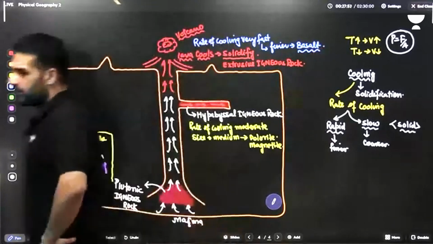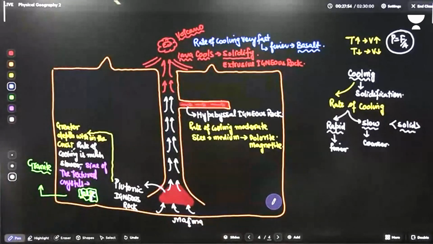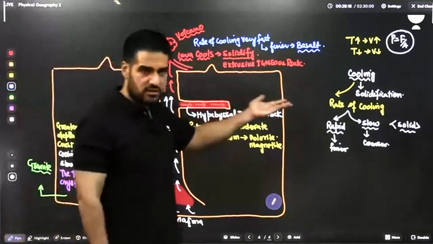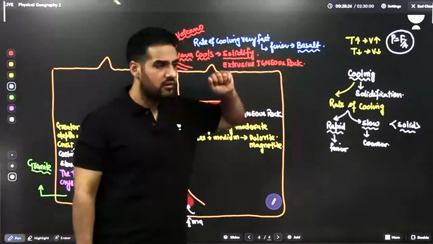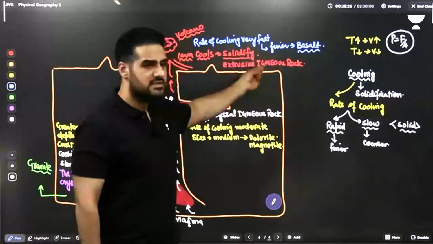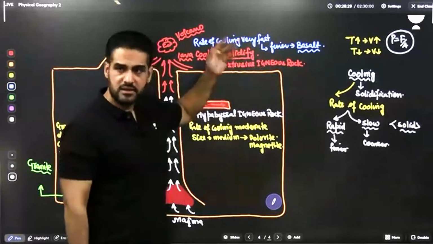Basalt. यहाँ देखो, कल मैंने कहा था the temperature of the freshly ejected lava, I will repeat it again, varies between कितना कहा था कल 500 degree to 1200 degree centigrade. So very hot. But what is the atmospheric temperature average on the earth? 14 to 15 degrees. So the temperature difference is more. Lava का temperature 500 degree, 1200 degree है. And if you talk about the surrounding temperature, 14 to 15 degree. So what will be the rate of cooling? Fast. If the rate of cooling will be fast, what will be the size? Finer. Is this clear? यहाँ तक समझ आ रहा है?